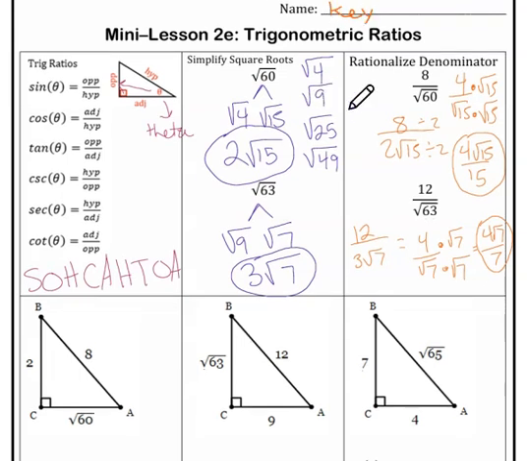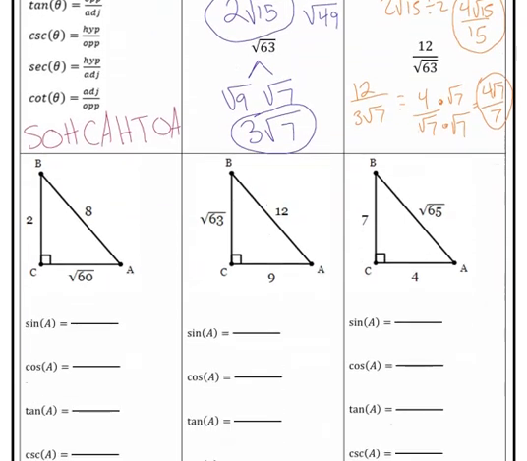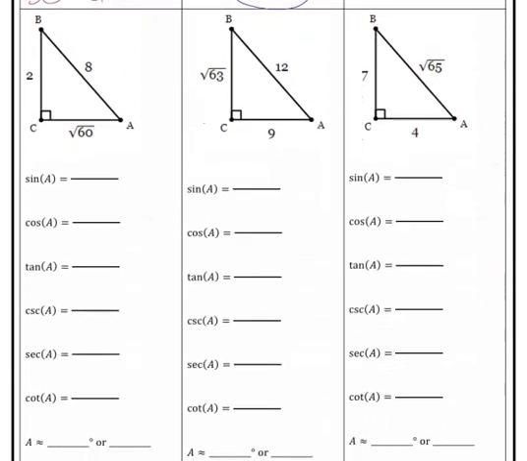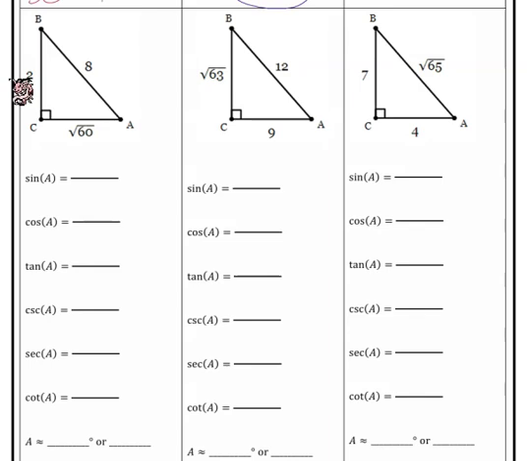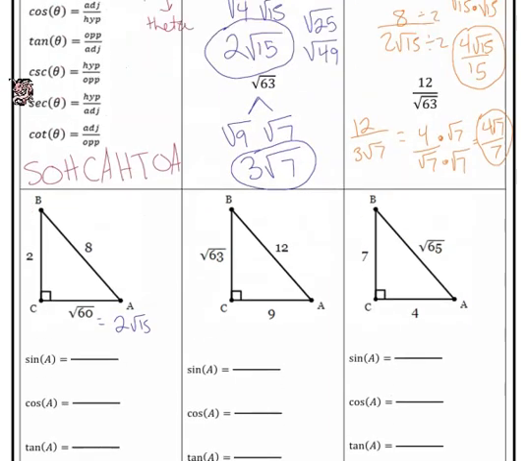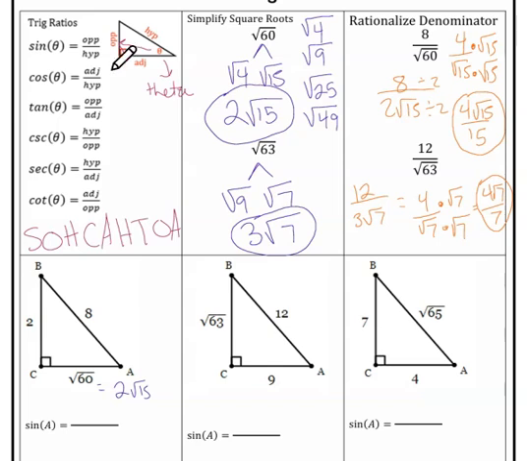Now that we have reviewed how to simplify, let's go ahead and find some trig ratios here. We have the square root of 60 again, so let's change that back to the 2 square root 15. And then let's refer to the top where it says sine is opposite over hypotenuse.